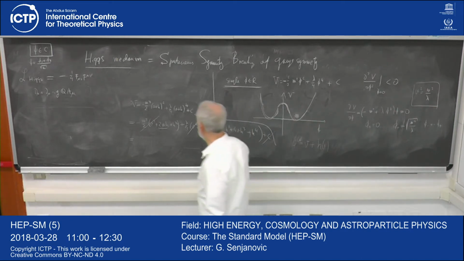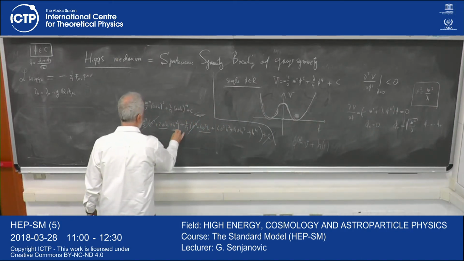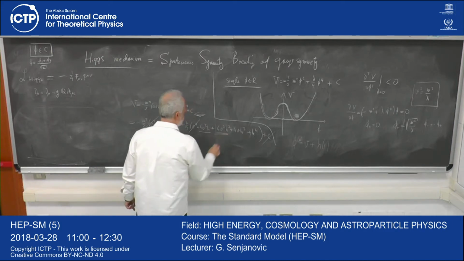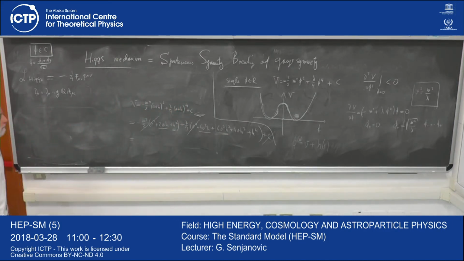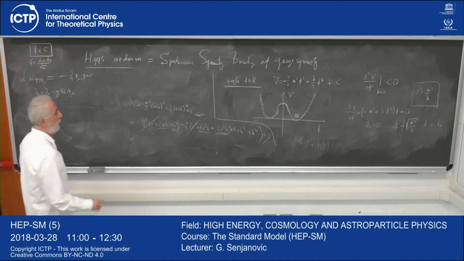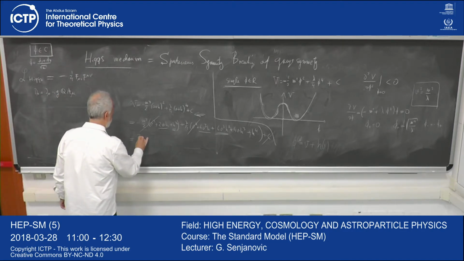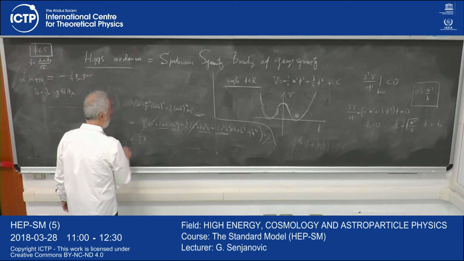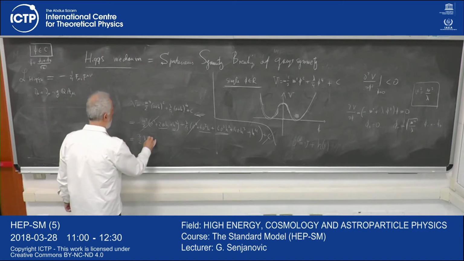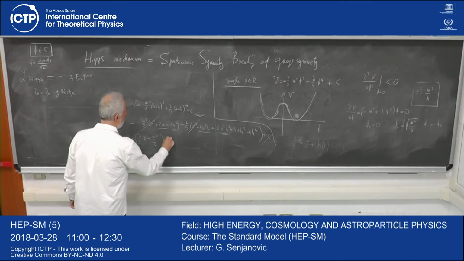So the first piece is quadratic. Where is quadratic? It's here and here. That, of course, won't vanish. What is it? I have 6 over 4, which is 3 halves, lambda v squared, minus m squared over 2, times h squared.